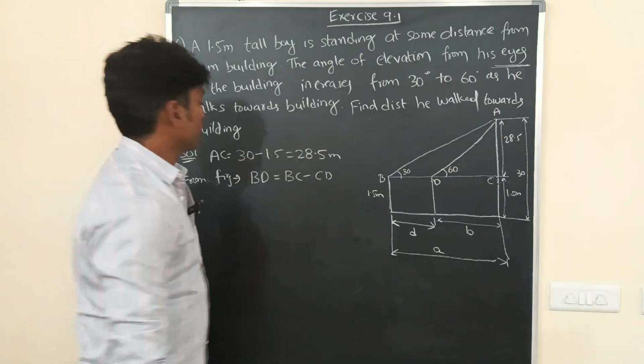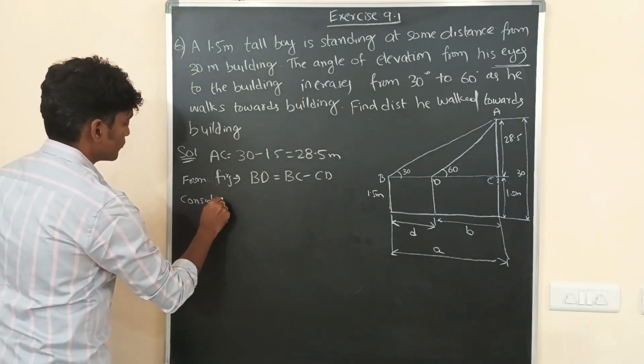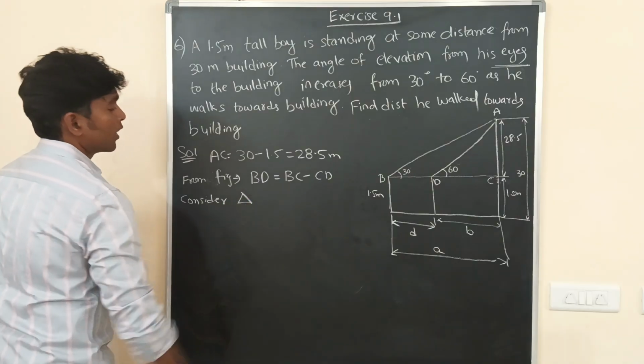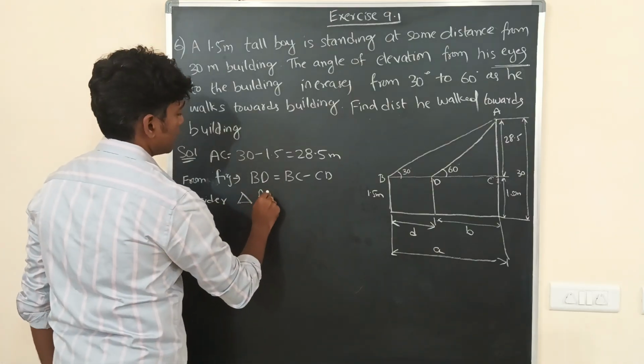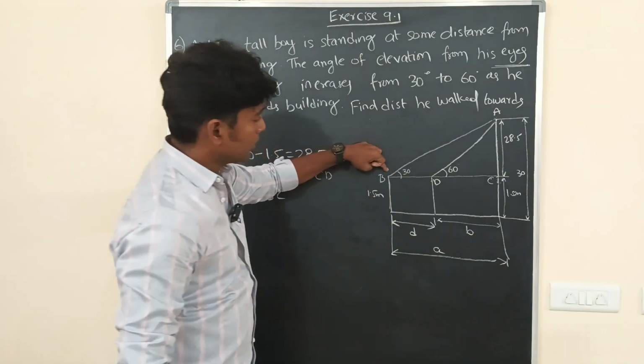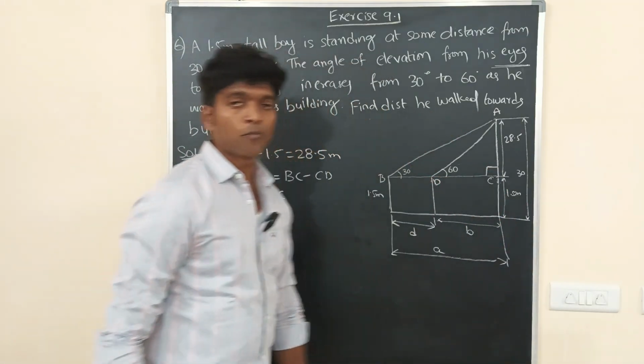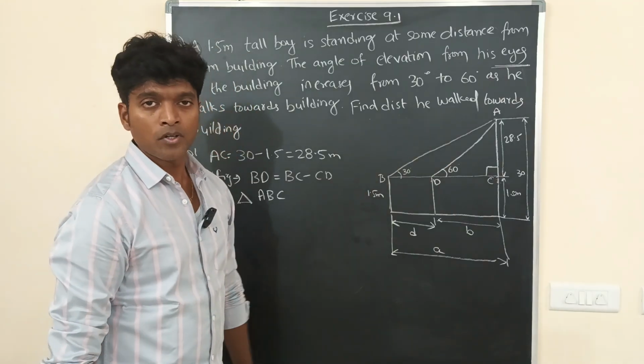What is the logic? Consider triangle ABC. Triangle ABC. This is a right angle triangle. Obviously right angle triangle. Okay.